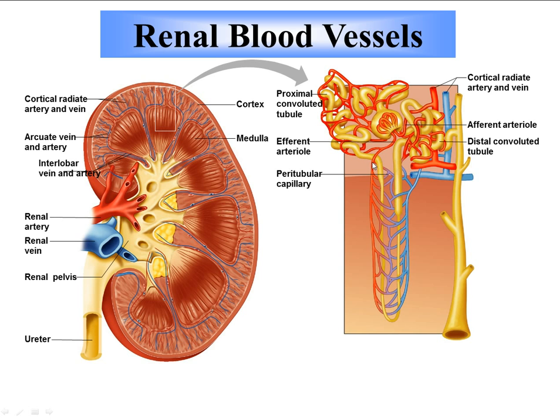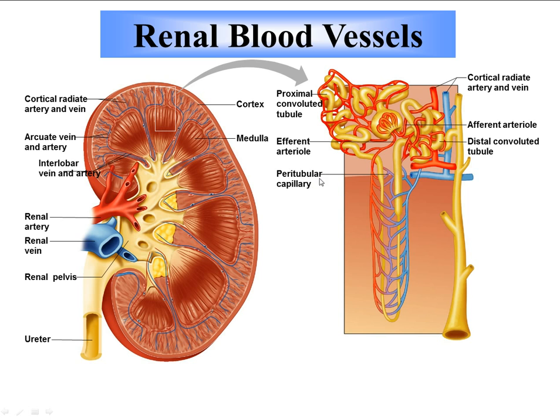But then this branch will branch even more so you have peritubular capillaries. These peritubular capillaries are around the tubules, is what that word means. Okay, we know that you have arterioles to capillaries to venules.